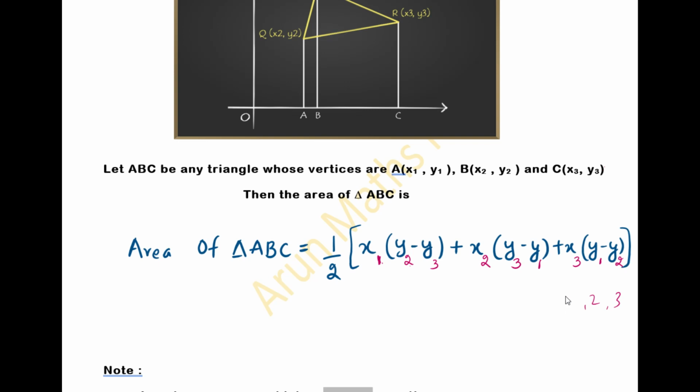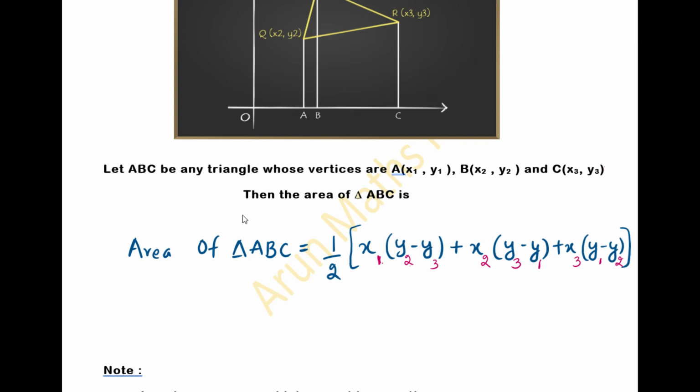That is, area of triangle ABC when the coordinates of the vertices are given is half into x1 into y2 minus y3 plus x2 into y3 minus y1 plus x3 into y1 minus y2.